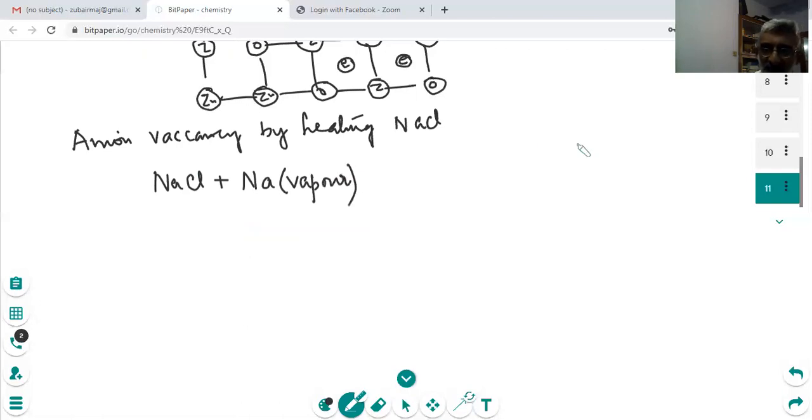Probably you keep this in an inert tube, maybe purged with nitrogen or something, and you keep your sodium chloride and sodium metal here and heat it. Or you can keep them separate.